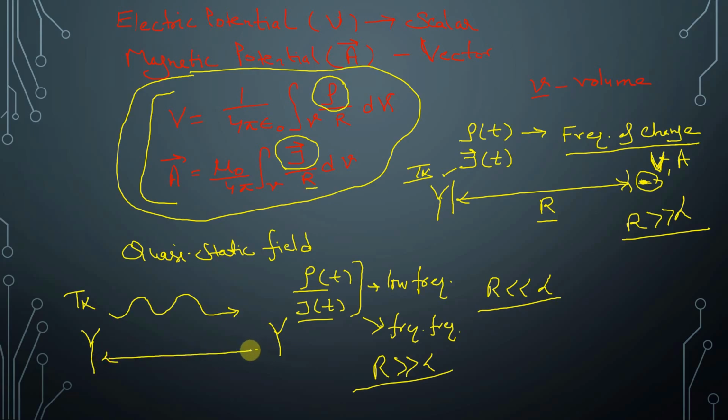Whether this time is in nanoseconds, microseconds or milliseconds, it will take some time to cover the distance r. When you consider this delay effect, the potential is called retarded potential. If the distance is r and the velocity of travel of these electromagnetic waves is u, the time taken will be distance upon velocity.